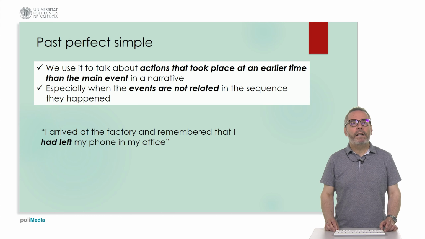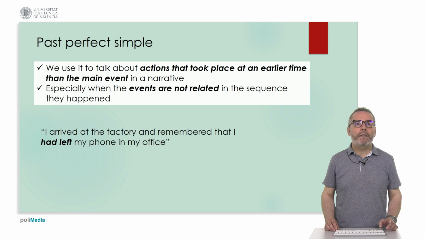Another typical verb tense that we use in narratives is the past perfect simple. We use this form of the verb to talk about actions that took place at an earlier time than the main event in a narrative. And we use it especially when these two events are not related in the sequence that they happened.